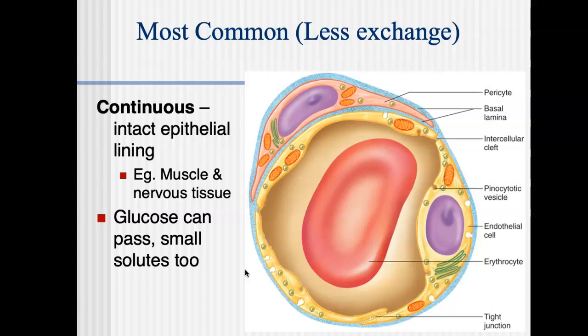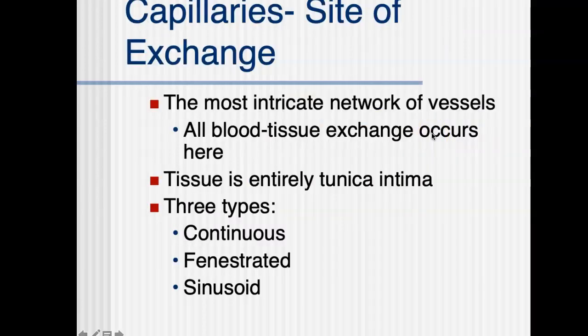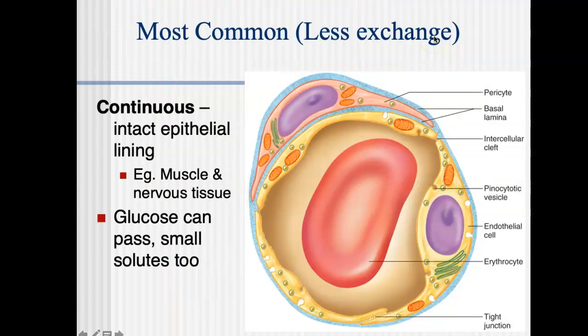The most common capillary is the one that's called continuous, the one that has actually more limited exchange. And I want you to look at the wall of this. This is a cross section, correct? And how do you build one of these? It's just made with a wall made up of cells, correct?